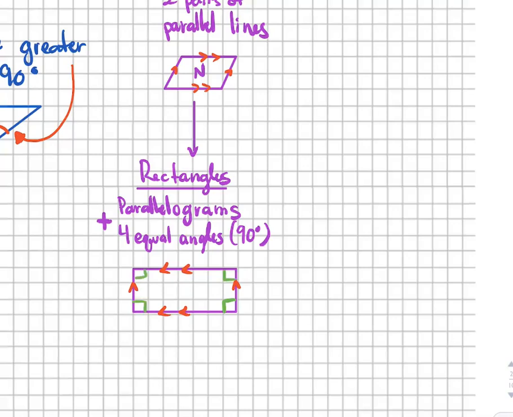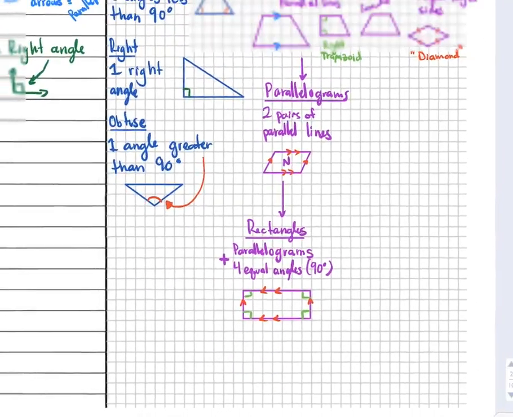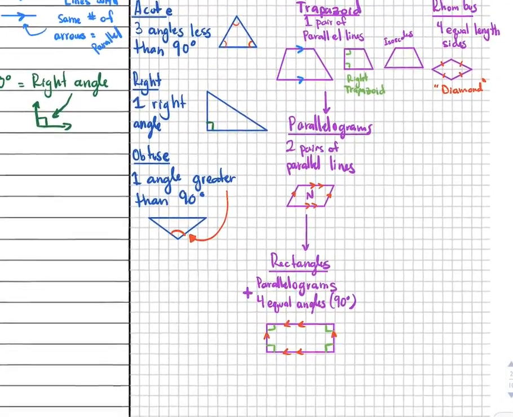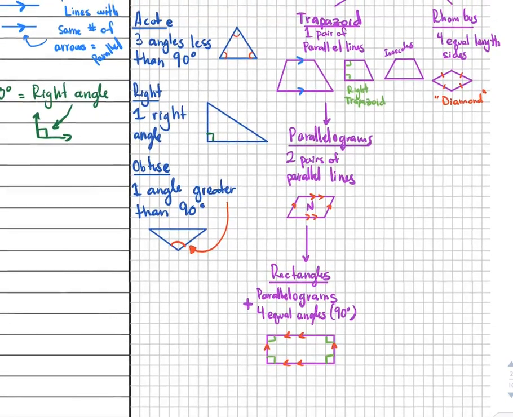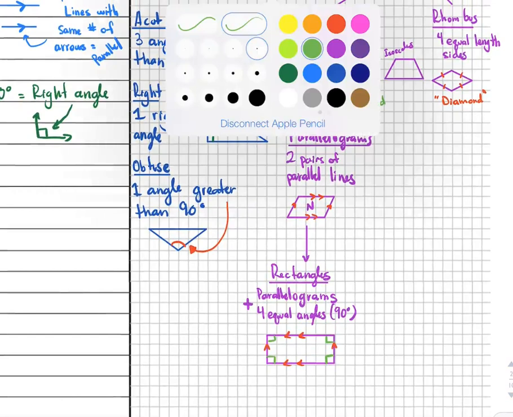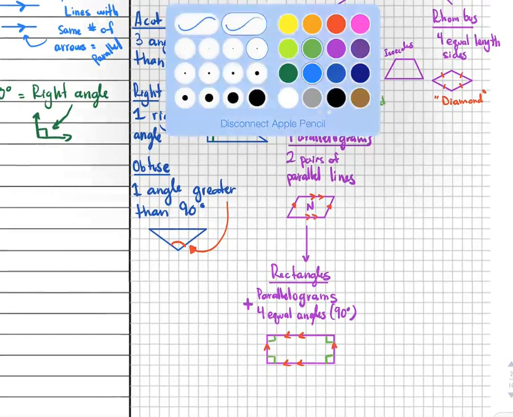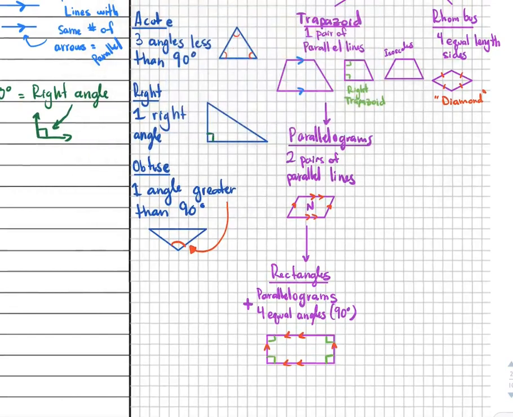Okay, that's a square. Now I have this open space here because if I combine all of these ideas, it's mostly just the ones at the end. If I combine rectangles, okay, there's my rectangles, and I combine a rhombus that has all the same side lengths, I end up with a square.